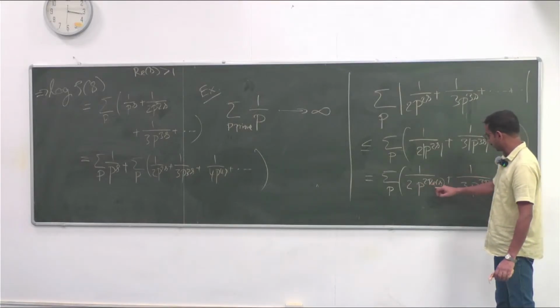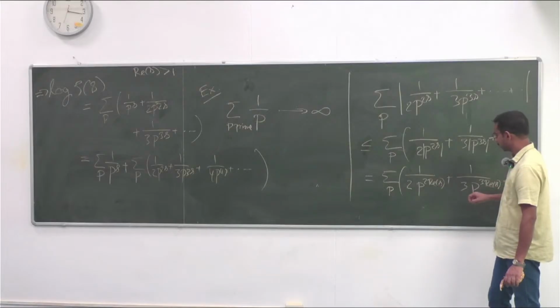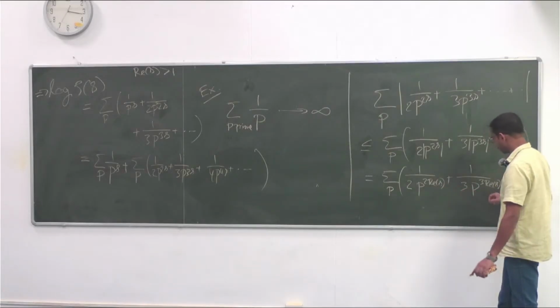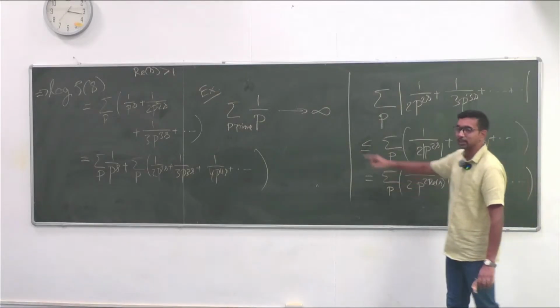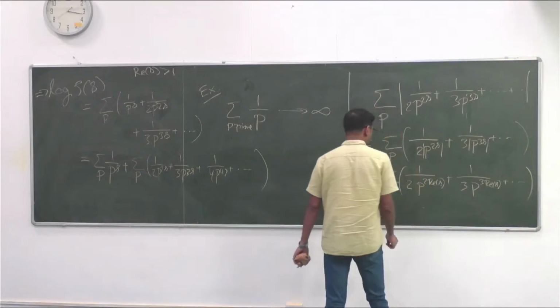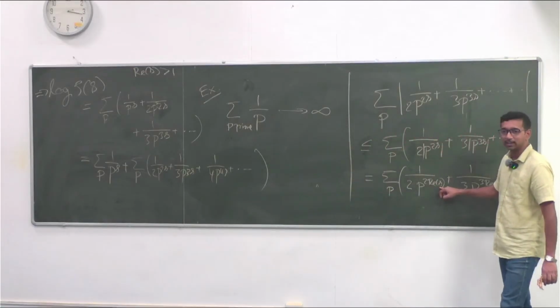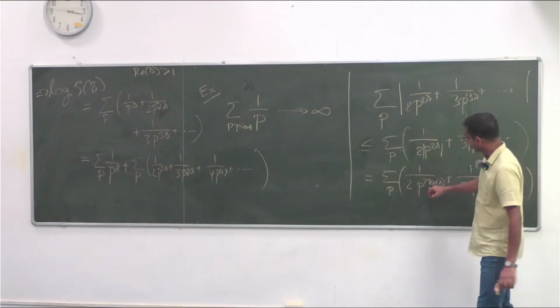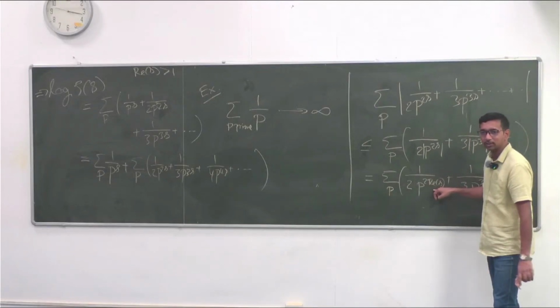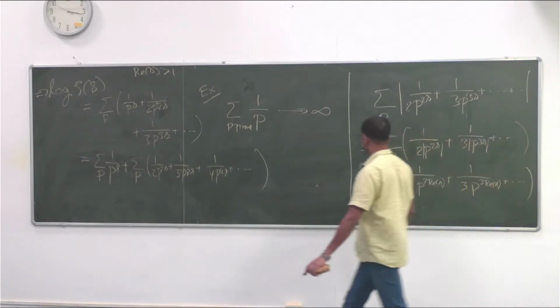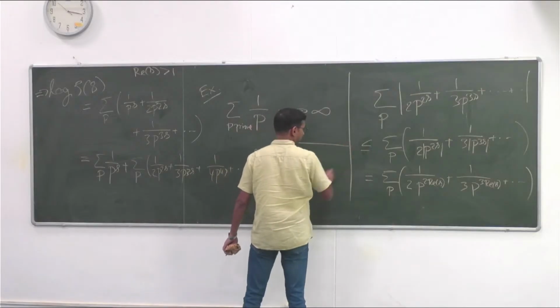Yes, because real part of s was supposed to be greater than 1. Wait a minute. Real part of s is supposed to be greater than 1, right? And now we were in the denominator. So what happens there? Let's check.